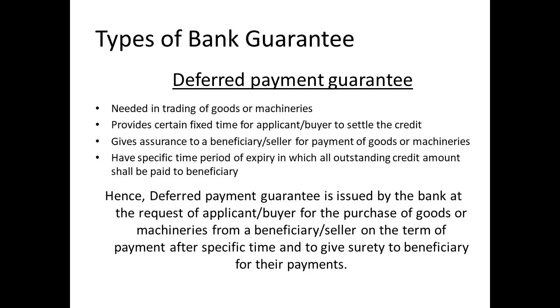In this type of guarantee, the bank promises to pay all outstanding credit amount owed by the buyer to the seller if the buyer, that is the applicant, fails to do so at the specific time mentioned in the bank guarantee. Hence, a deferred payment guarantee is issued by the bank at the request of the applicant or buyer for the purchase of goods or fixed assets from the beneficiary or seller on the term of payment after a specific time, that is in the credit period, and to give surety to the beneficiary for their payments.